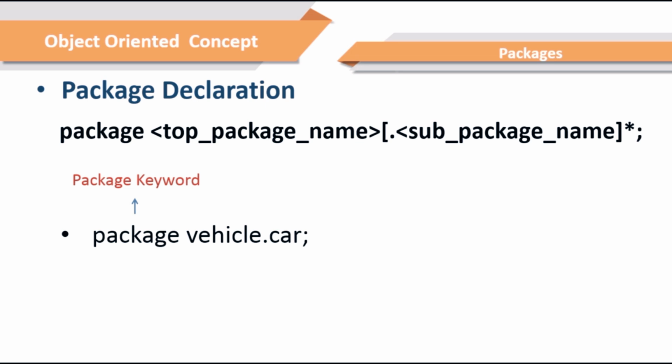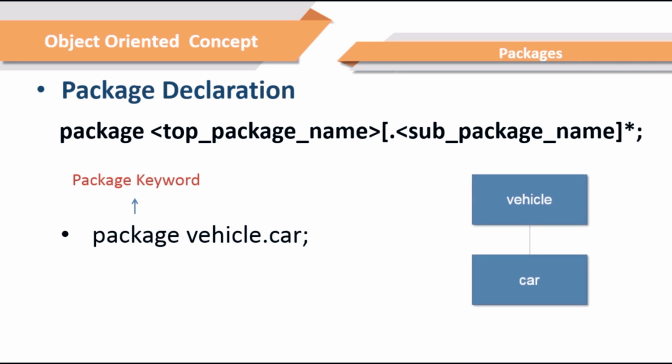So the package keyword is used to declare a package. In our example, let's declare a package vehicle.car. So here, vehicle is a top-level package and car is a sub-package, right? Now, of course, there are some rules to define packages.